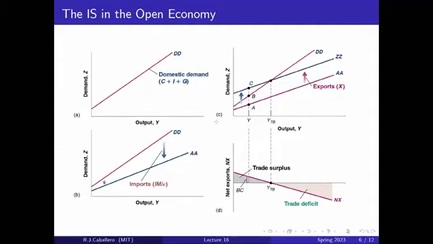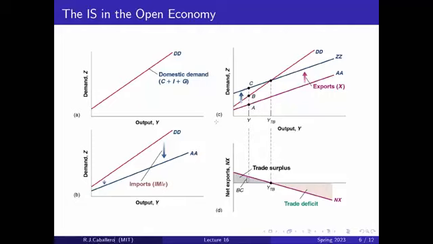To this domestic demand, I'm subtracting the part that is going to foreign goods, not domestic goods. So obviously this is a shift down, but there is also a rotation.